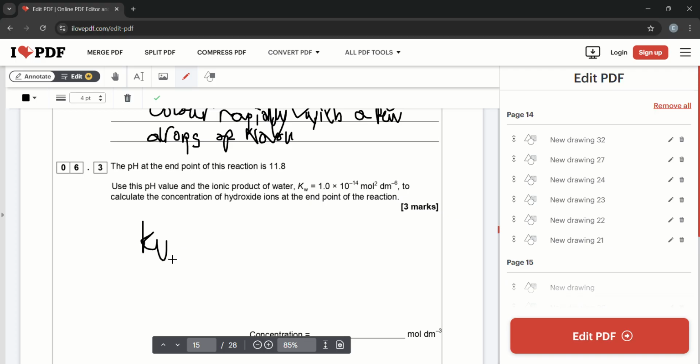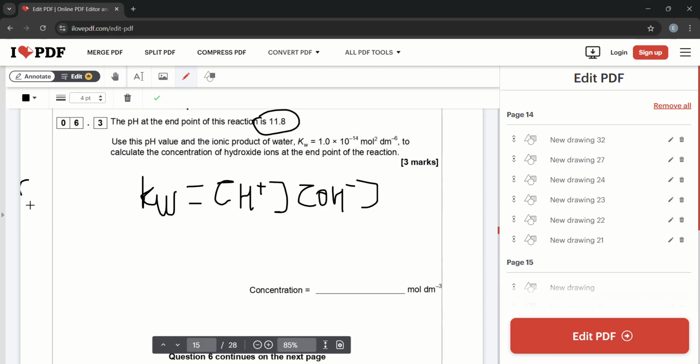We know Kw is going to be equal to H plus times OH minus, and we've got the pH at the endpoint of the reaction, so we can quite easily find the H plus. H plus equals 10 to the power minus pH. Therefore, that is equal to 10 to the power minus 11.8.